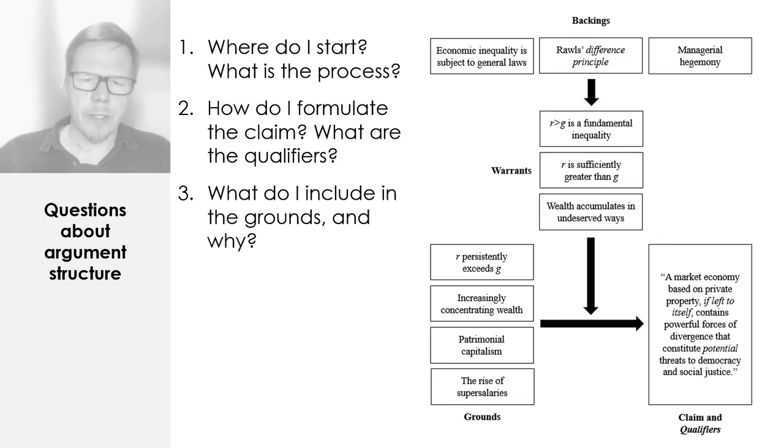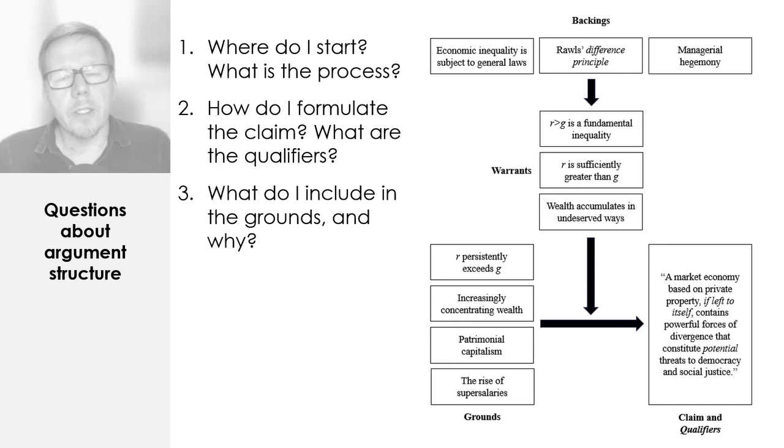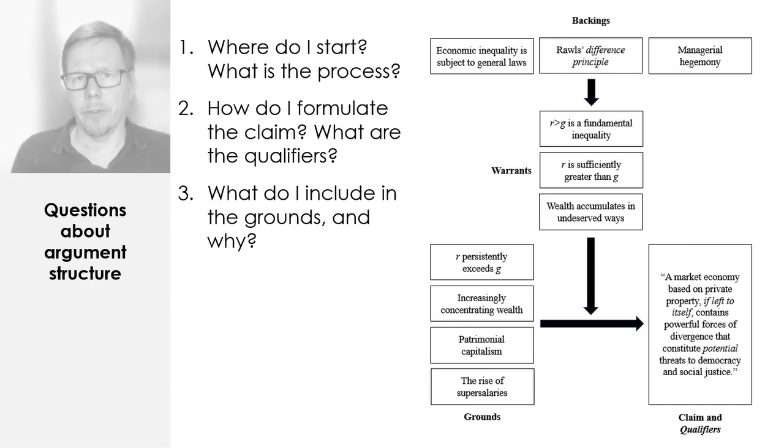Then on to the grounds. Assuming that you're working on an empirical research article or empirical dissertation, one of the questions you have to address is, what kinds of empirical material do I use? What do I include? What do I exclude? And as you can see, and as I already mentioned, these boxes, these grounds, they're not empirical data. They're not raw data.